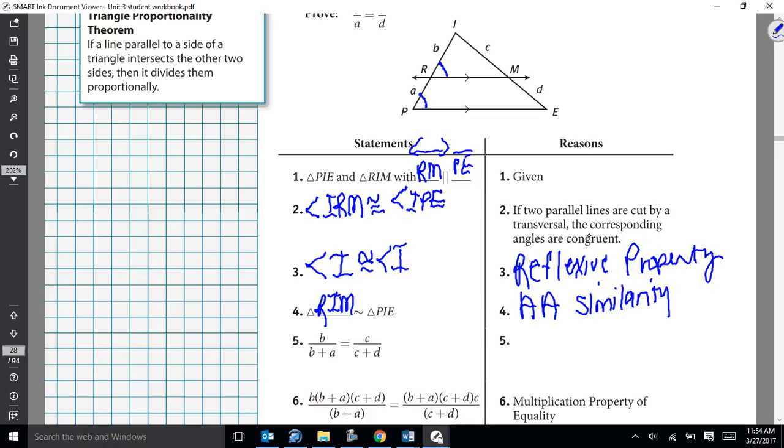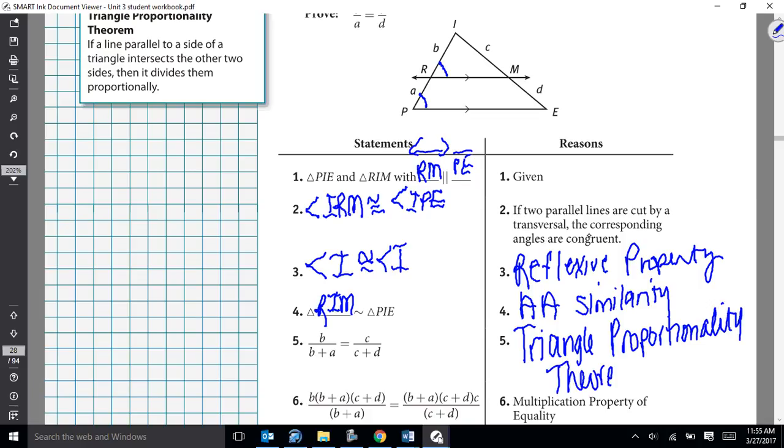Triangle proportionality theorem: if a line parallel to a side of a triangle intersects the other two sides, then it divides them proportionally. All right, so it's a new theorem, so where does it need to go in this proof?